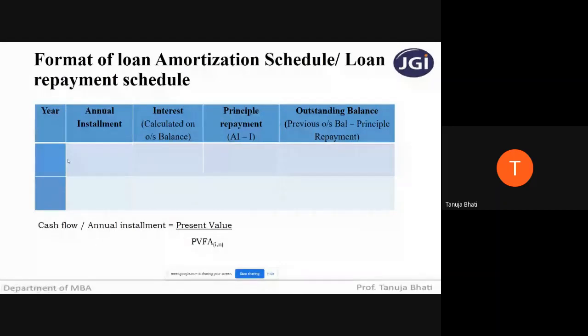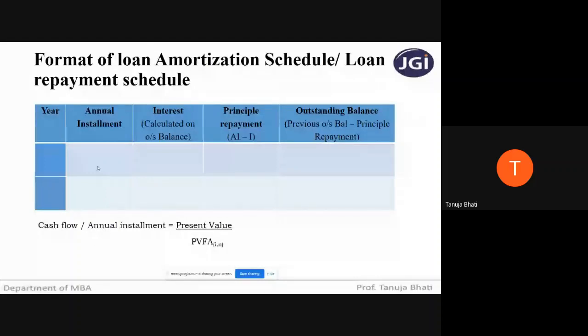Next, annual installment. Annual installment means how much installment payment you are going to make to the bank every year. And we know that loan amortization schedule typically follows equal installments.